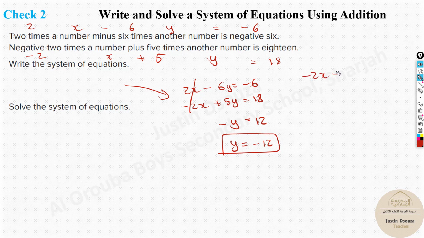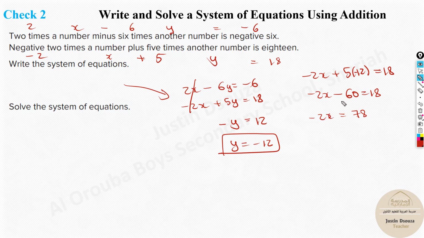Minus 2x plus 5 times y, it's minus 12, equals 18. And now over here, minus 2x minus, because minus 12 times 5 is minus 60, equals 18. Now take this minus 60 to the other side. It's going to be 60 plus 18. That's going to be 78. That is minus 2x.